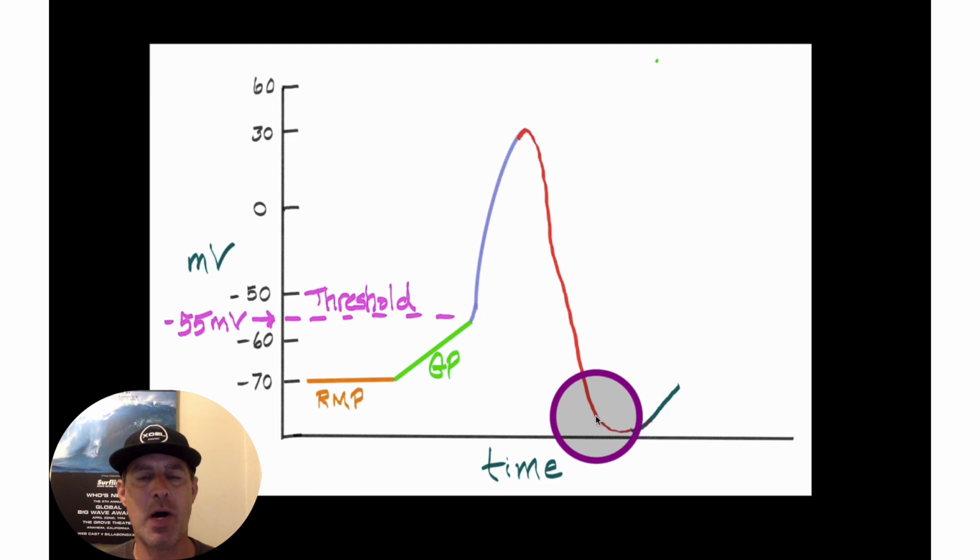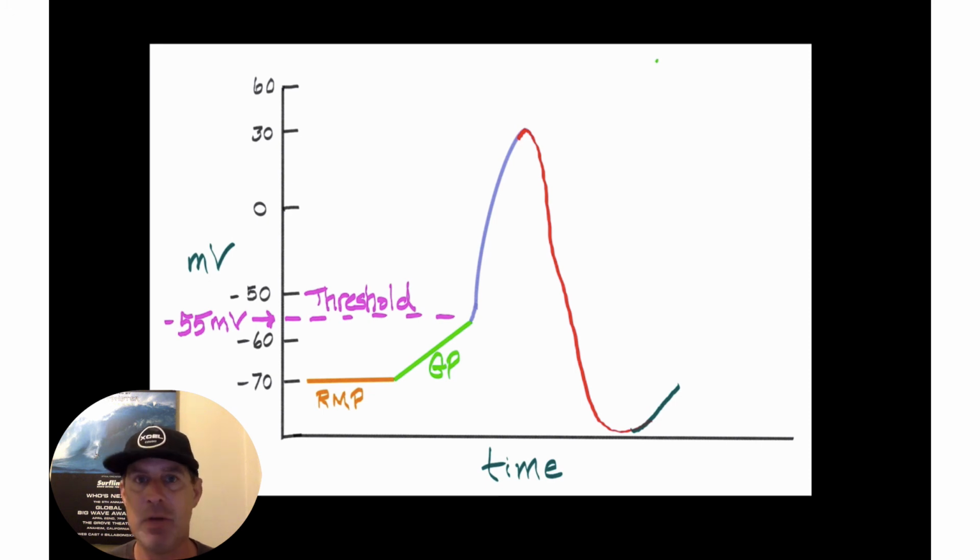The reason why this cell does not hyperpolarize beyond negative 90 is because potassium has reached its equilibrium potential. And theoretically, those potassium channels are still open, but potassium will not leave the cell any longer because the cell has become so negative inside, potassium is incentivized to stay inside the cell where it's super negative.